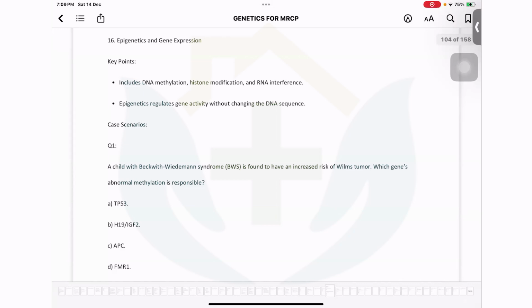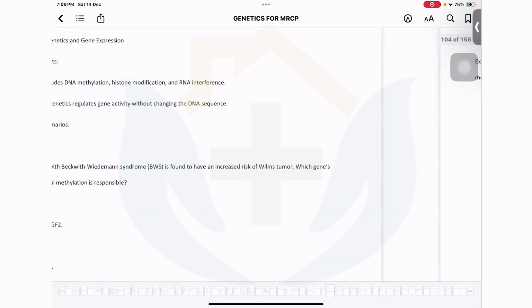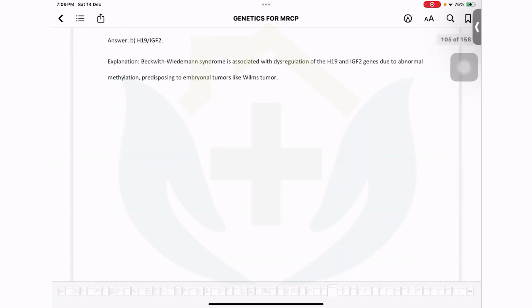A child with Beckwith-Wiedemann syndrome is found to have increased risk of Wilms tumor. Which gene's abnormal methylation is responsible? TP53, H19 or IGF2 gene, APC, FMR1. The answer is IGF2.